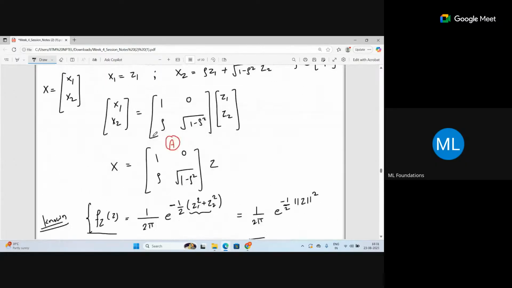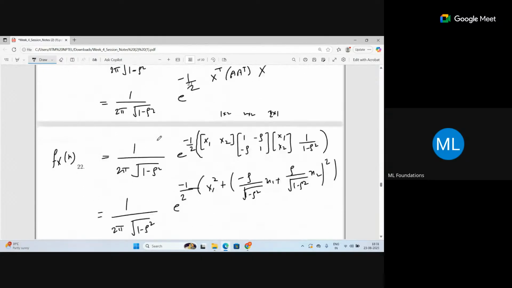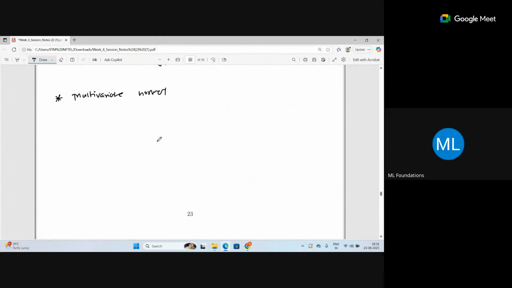Then if I wanted to find the linear transform between all of these d random variables, how will this linear transform look?